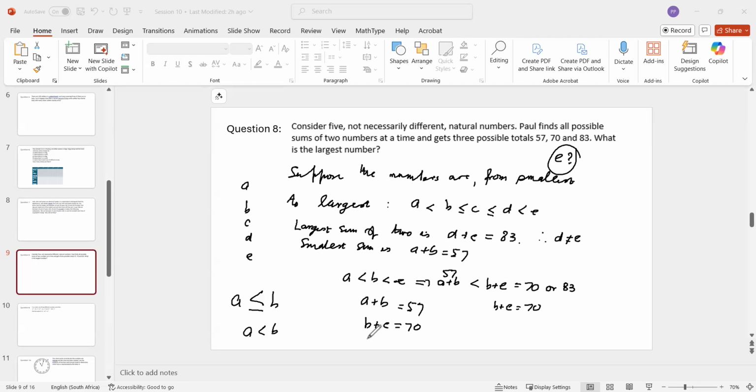I got one other thing here. I got A plus E. I also got the A plus B. A plus B, A plus E. Yeah, you got A plus E. A plus B is smaller than A plus E. You got A plus B is strictly smaller than A plus E, right?